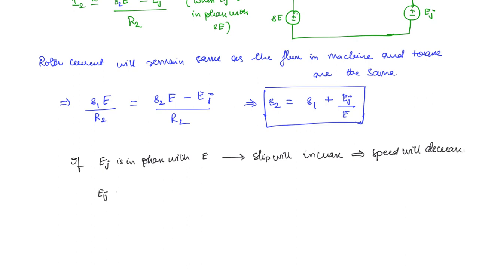If Ej is in opposition to the rotor voltage SE, then slip will decrease, and this will in turn increase the speed. So in this way you can decrease the speed as well as increase the speed using the injection method.